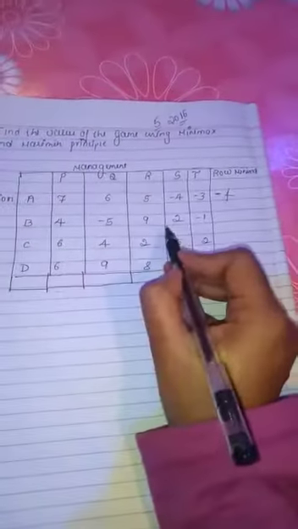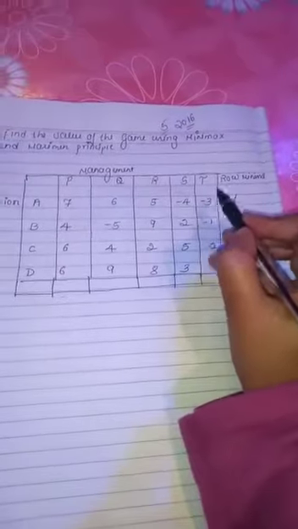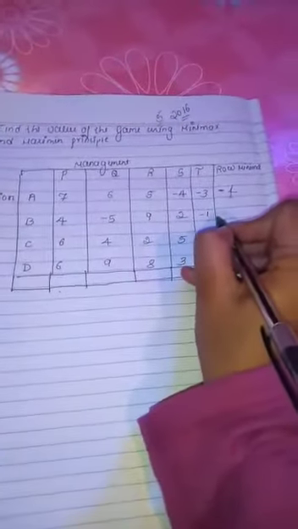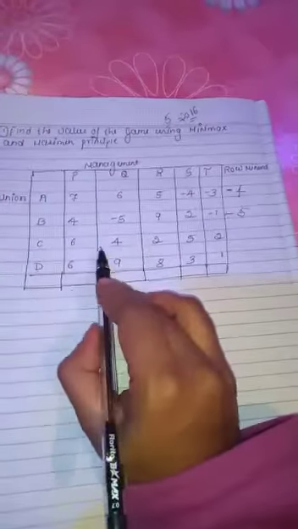In the second row you have to select the minimum value. That's why we call it row minima: we select the minimum value in each row. In the second row, the minimum value is -5.